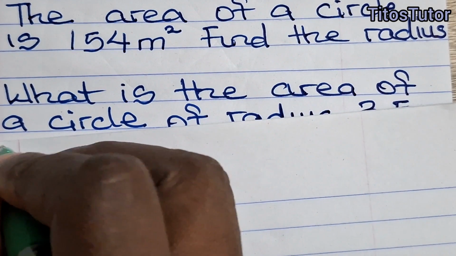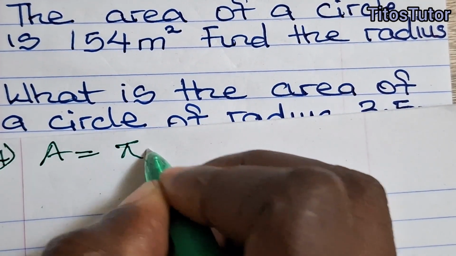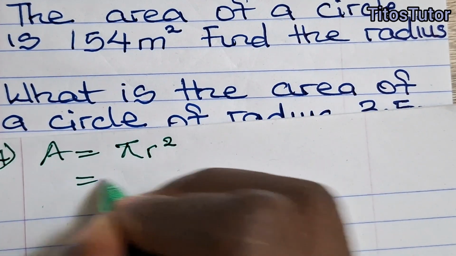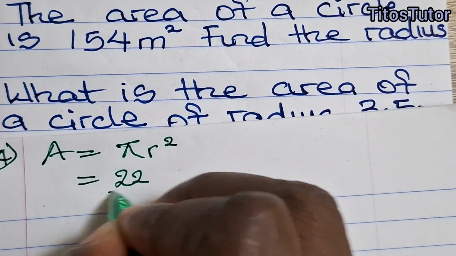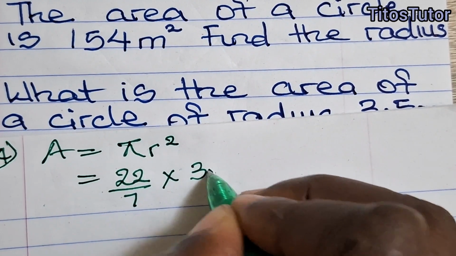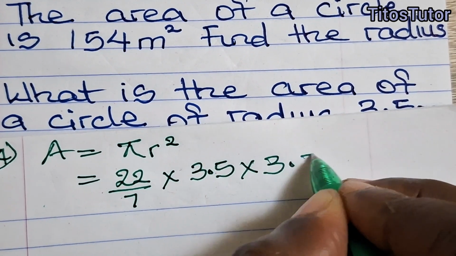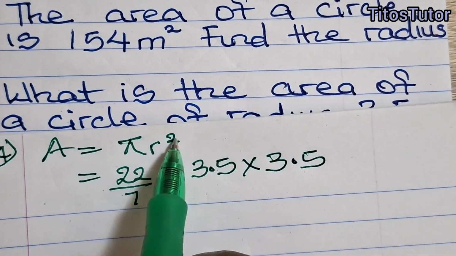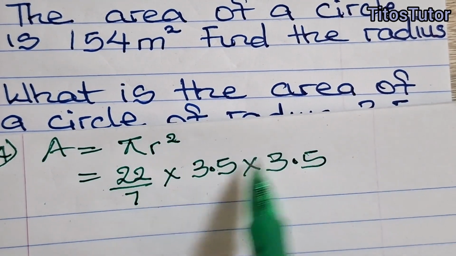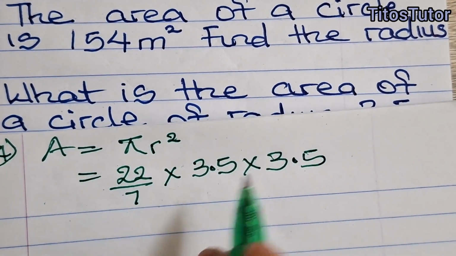Area of a circle is pi r square. Pi is to be taken as 22/7 multiplied by radius, which is 3.5 multiplied by another 3.5 because it says r square, radius times radius. 3.5 times 3.5 multiplied by pi.